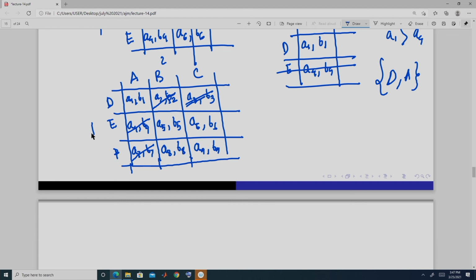Okay. Now, we can remove these, so that these are also not a Nash equilibrium. Why? Because if player 1 is choosing E, since this is A, so B4, B5 is less than B7. So, this is not a Nash equilibrium. Now, here it is choosing this.